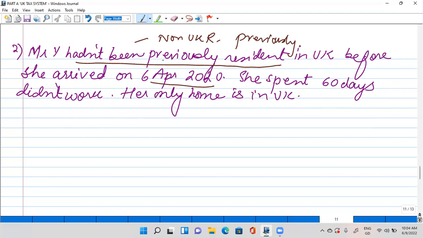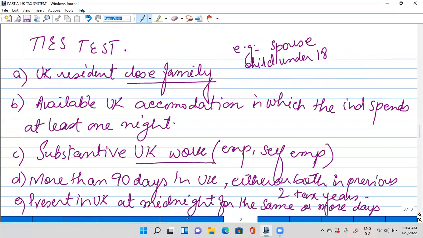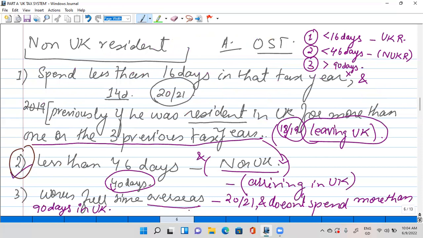So again, she is arriving in the UK, as mentioned over here. She does not satisfy the automatic overseas test, right? Is she meeting any of the conditions in the automatic overseas test? No, she's not.